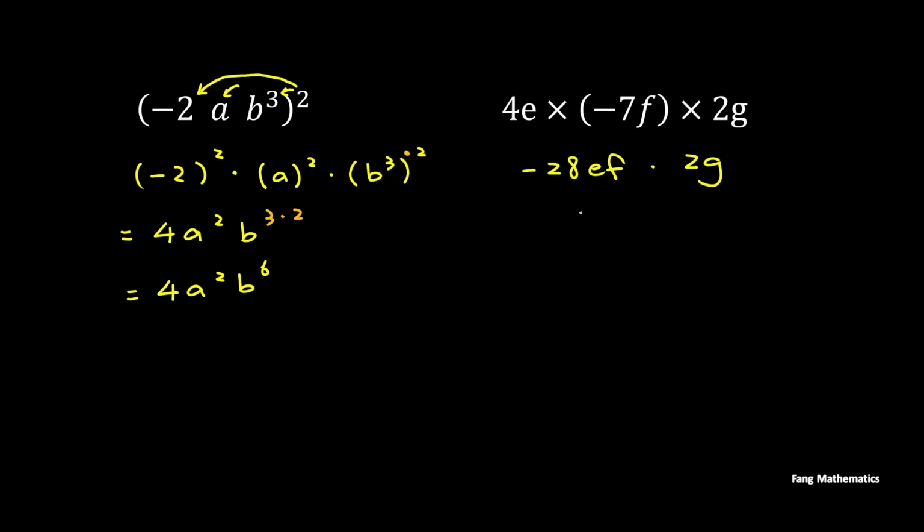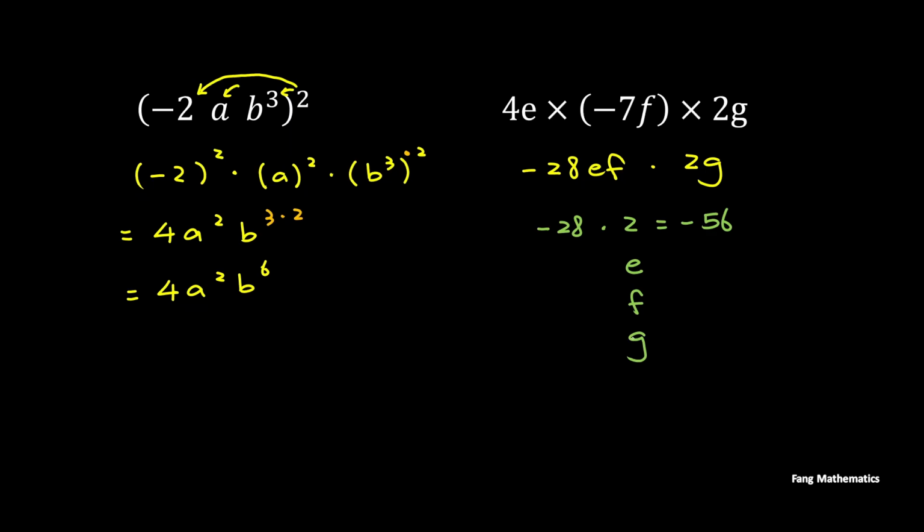And again, we are to break the components apart. First, let's look at the numbers. You have minus 28 and 2. So I believe that should give you minus 56. And we have e. I believe e is on its own. F is on its own. And g, no g in the first term, so g is on its own.